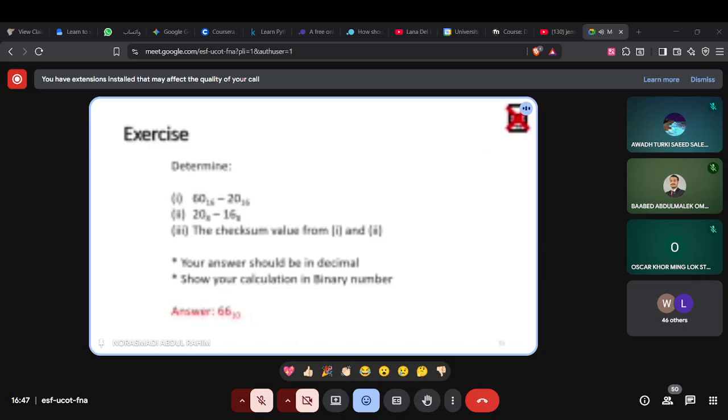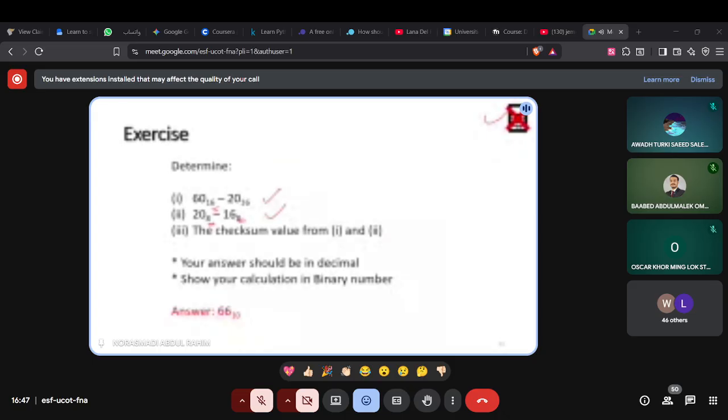Given for you: 1660 in hexadecimal minus 20 hexadecimal. And number two, I give you in octal. So you need to find this one. You can use a calculator to check the answer. You can use it now.